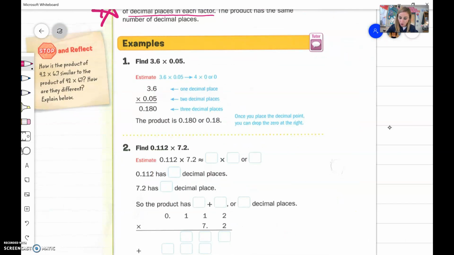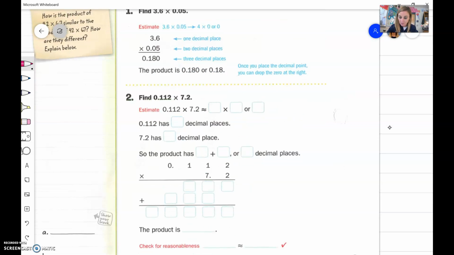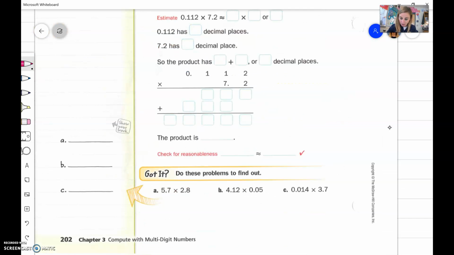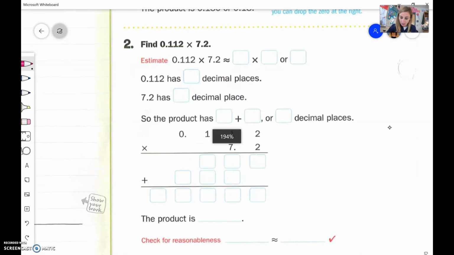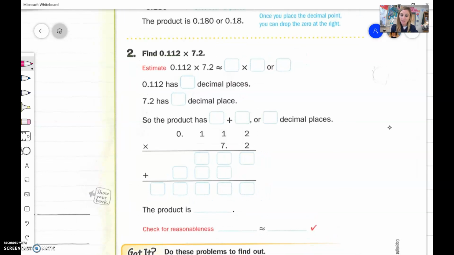Okay, so we're going to go ahead and take a look right now at this example right here. It says 0 and 112 thousandths times 7 and 2/10.